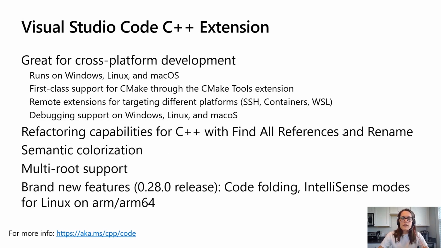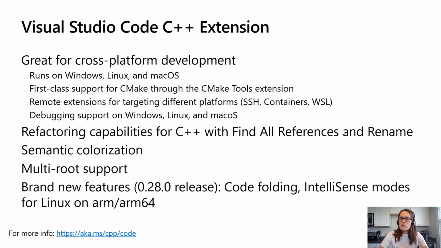Another great option if you're interested in cross-platform development is the C++ extension for Visual Studio Code. VS Code itself is cross-platform and runs natively on Windows, Linux, and Mac OS, and our C++ extension provides a first-class debugging experience on all of those platforms. We also recently became the primary maintainers of the CMake Tools extension for VS Code.